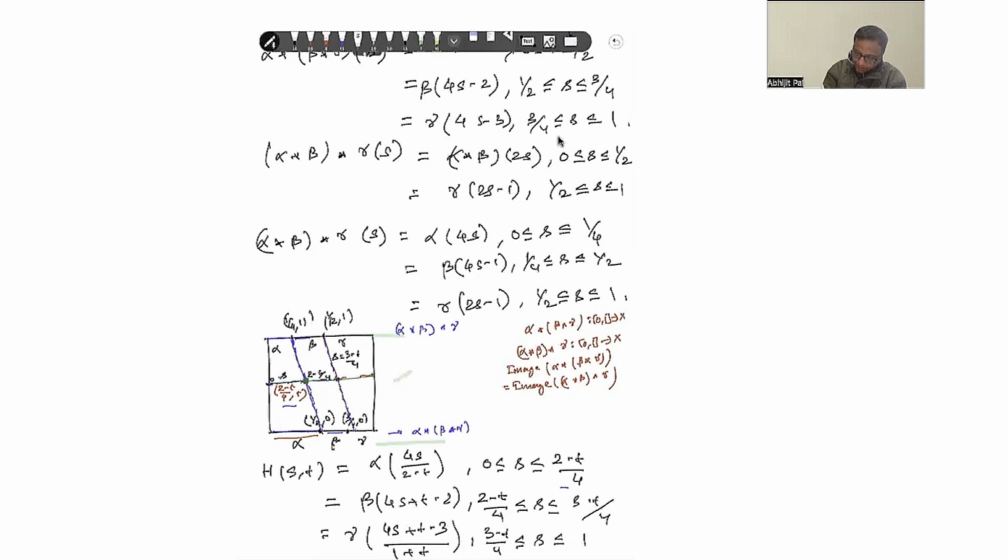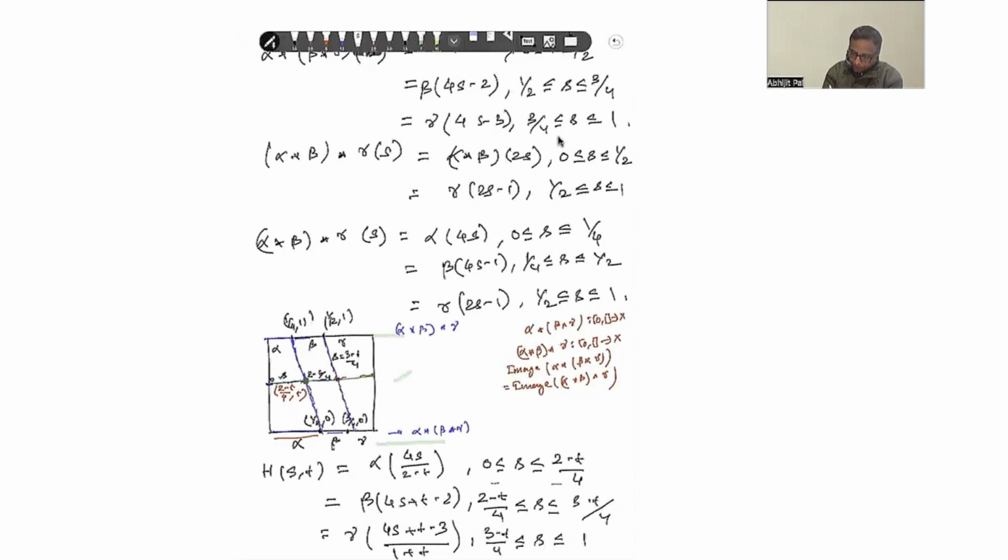So s is varying from 0 to 2 minus t by 4, and therefore 4s by 2 minus t lies in the closed interval 0, 1.